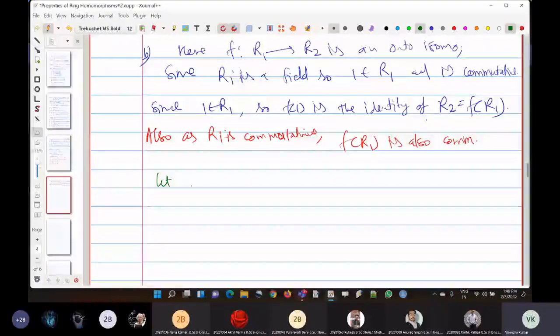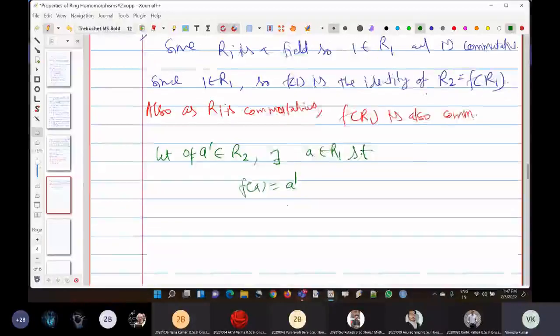For that, let us consider A dash, a non-zero element of R2. Since f is onto, there exists A belonging to R1 such that f of A equals A dash.